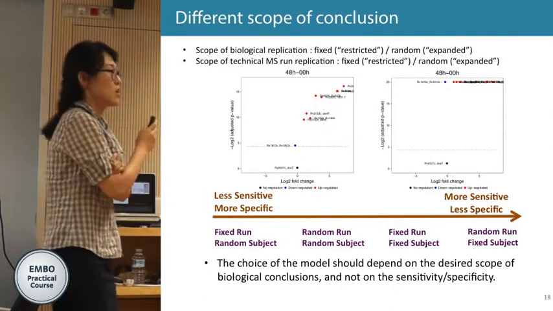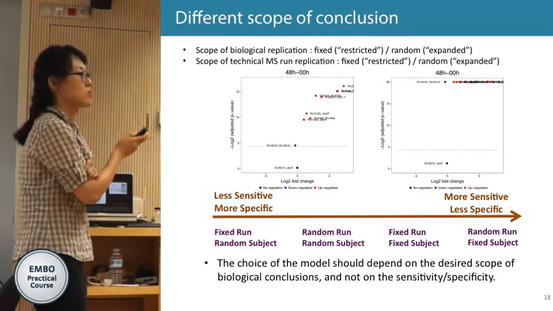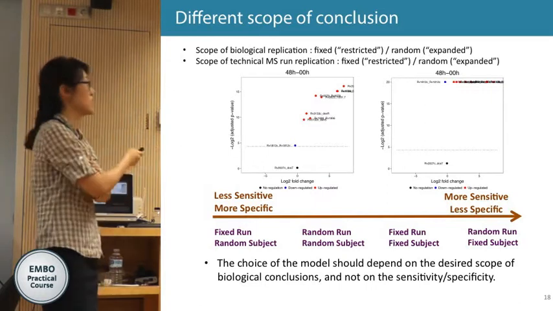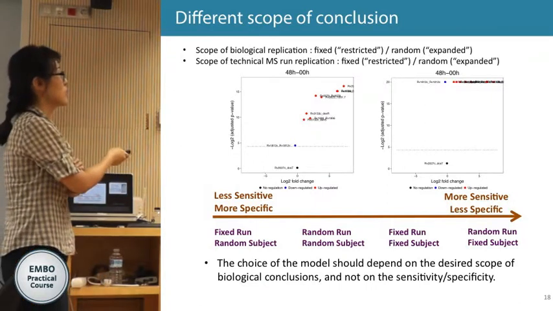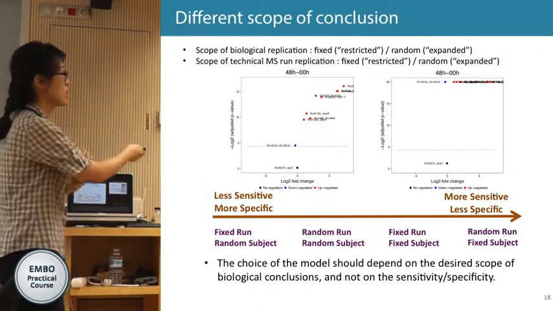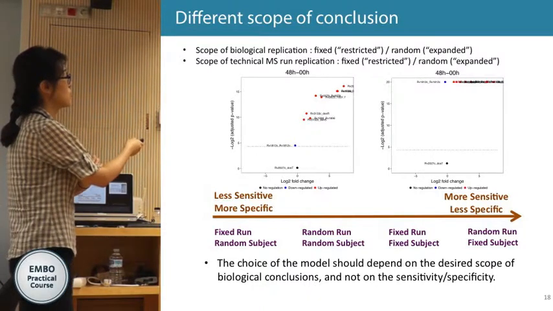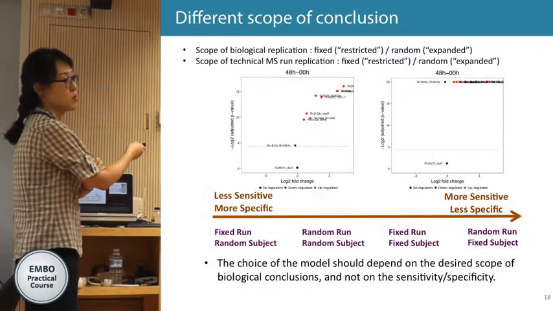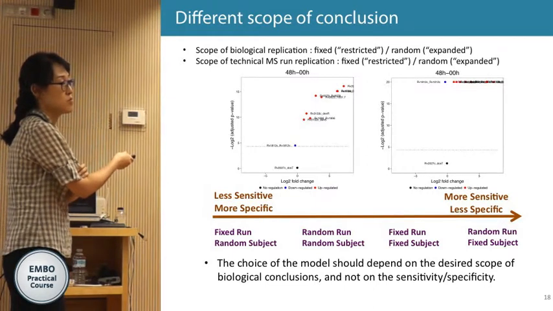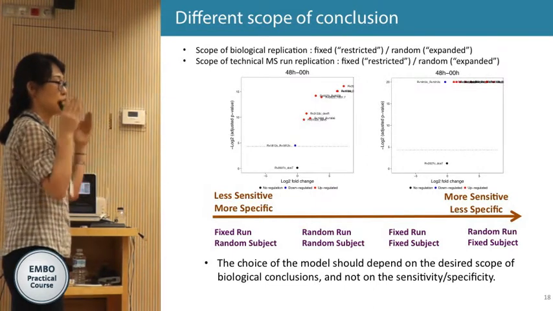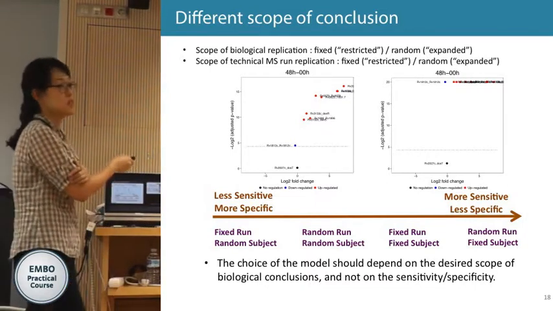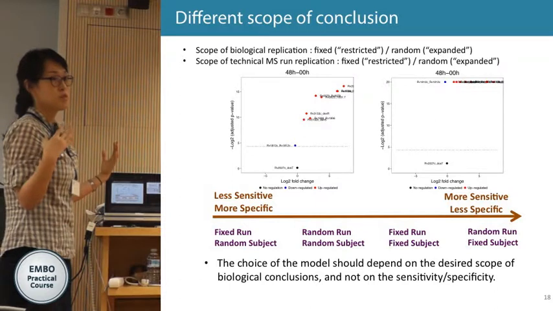So what I mentioned, the scope of conclusion is based on your decision, not on the model and everything. I just want to stress how it's going to affect your conclusion. For example, here I do 48 hours minus 0 hours, and here I use the restricted terms, which means our conclusion is more restricted to these specific samples, and here I use expanded terms, for a population-level conclusion.